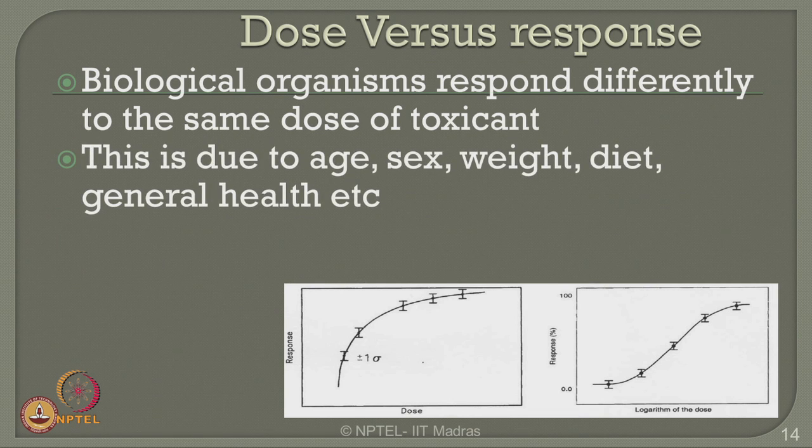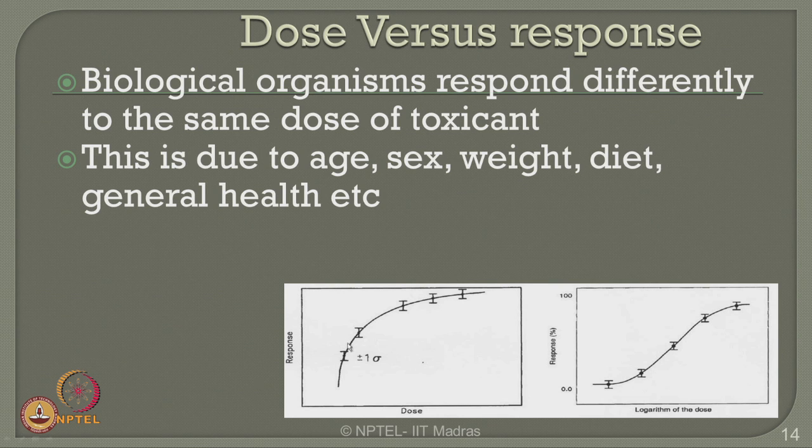The same dose of toxicant can cause different variations in different organisms because of the following reasons. It can be due to age, sex, weight, diet, general health, etc. Therefore, a standard study has been conducted and a statistical average has been taken, which is plotted as shown in the figure.